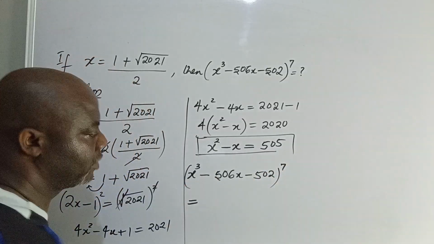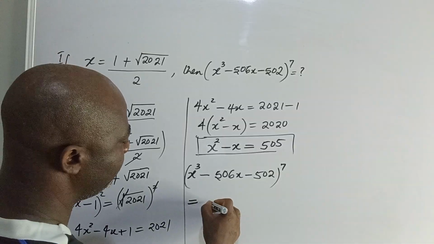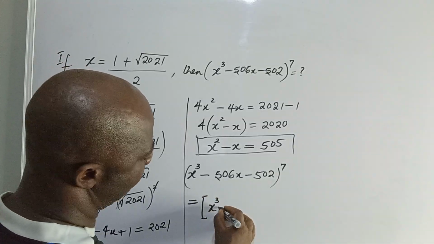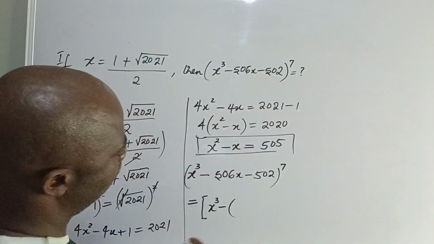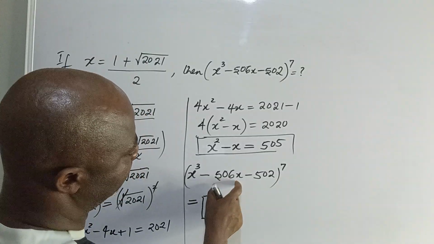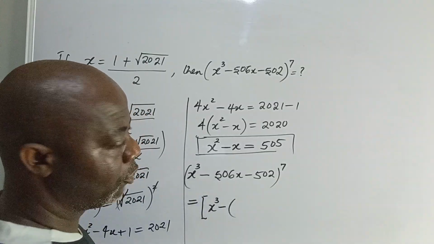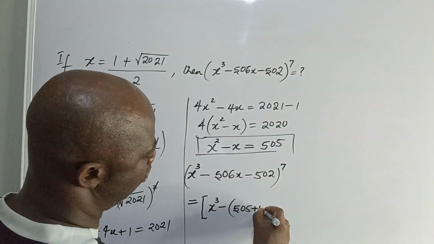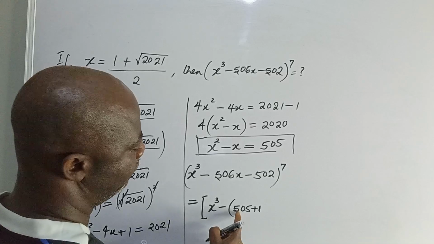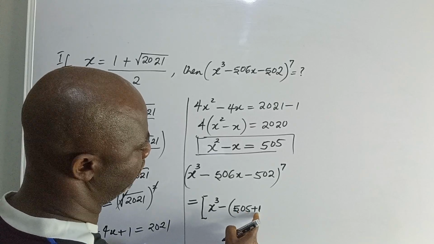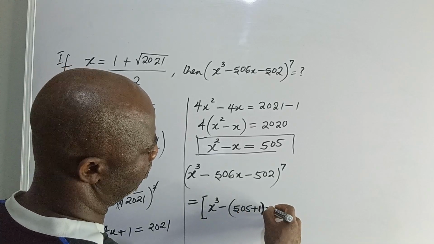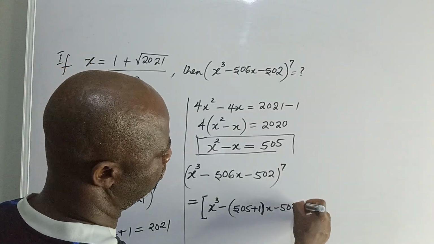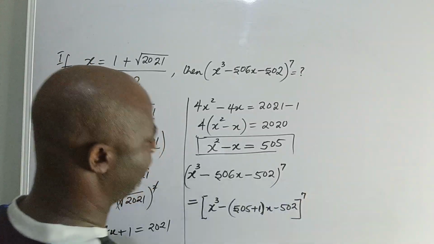Now I'm going to rewrite 506x as (505 plus 1) times x, then minus 502, with everything raised to the power of 7.